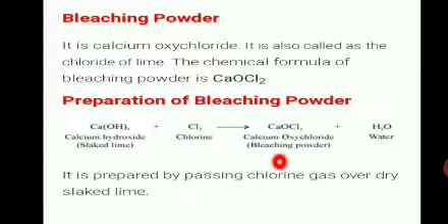So how is it prepared? Write this sentence: passing chlorine gas over slaked lime. This is a simple preparation. Study this equation without mistake: Ca(OH)2 plus Cl2 gives CaOCl2 plus H2O.